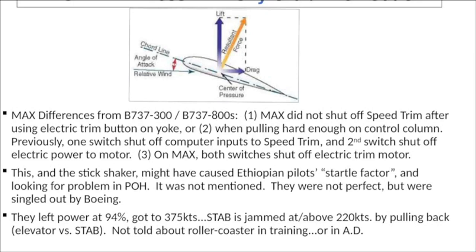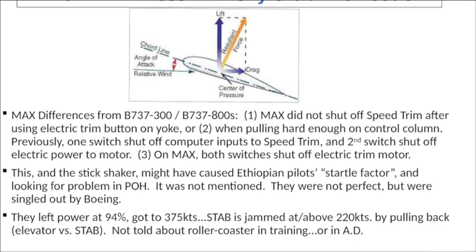that would jam the stabilizer, because the elevator is a little flap on the back. If we say this is the stabilizer here, the elevator is back here, and the stabilizer is the whole thing, so it's way bigger and has a lot more force. But if you get the nose trimmed down, everybody would pull back on the control column, and that's connected to the elevator.